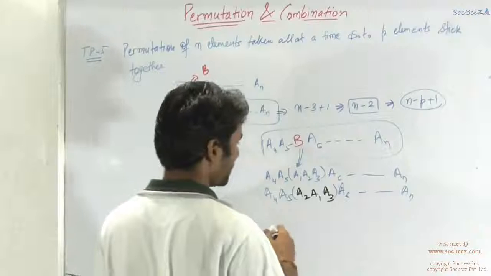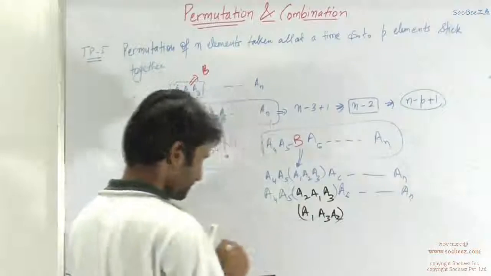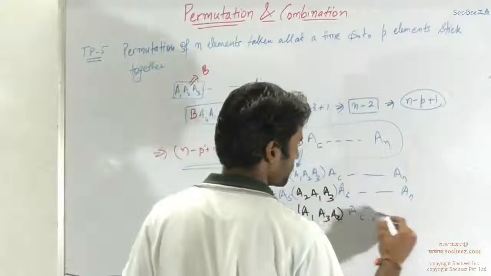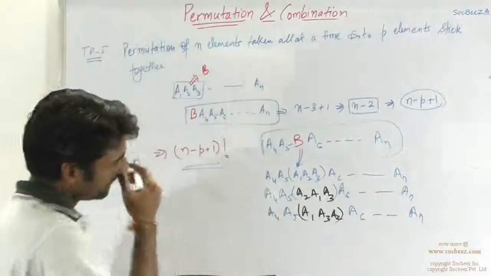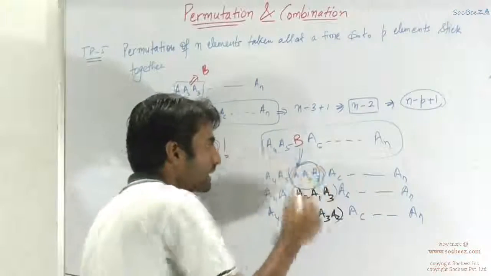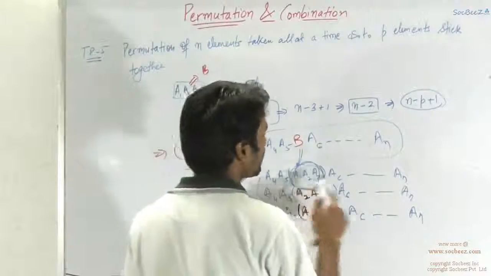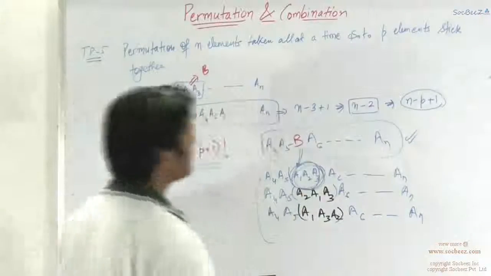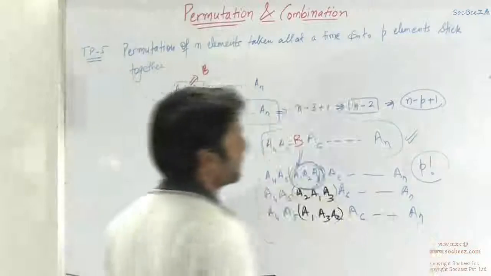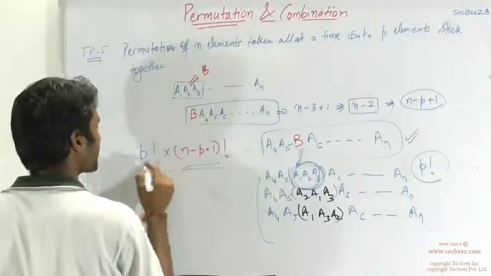Similarly you can write another combination, that is A1, A3, A2. Corresponding to any such configuration that you got in the permutation, you can permute these three elements again to form multiple permutations. So for each permutation that you got by treating them as one element, you can get p factorial permutations corresponding to each of them. So the total number of permutations would be this multiplied by p factorial.